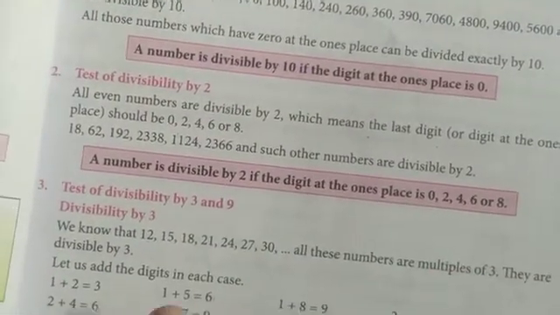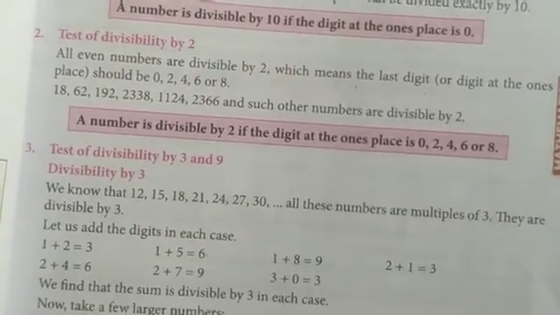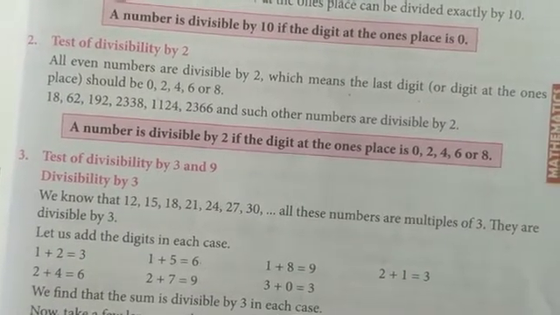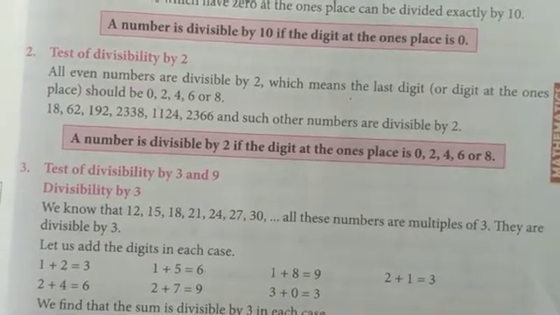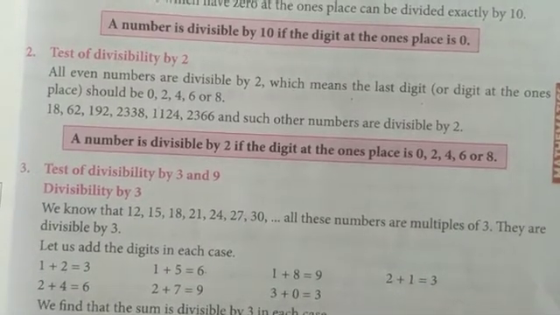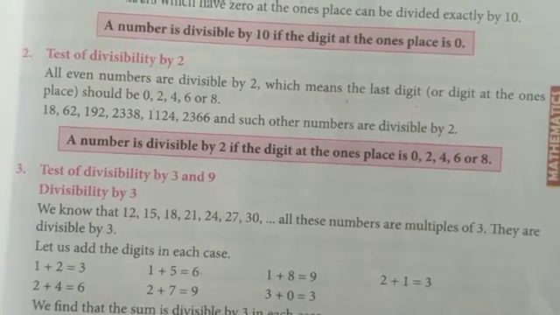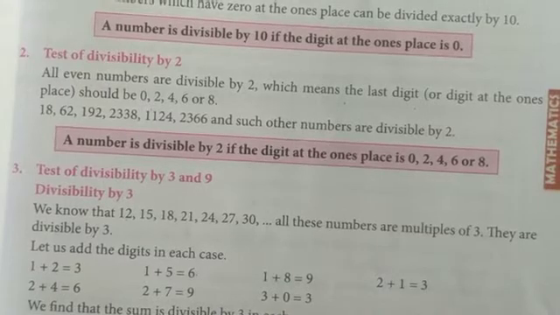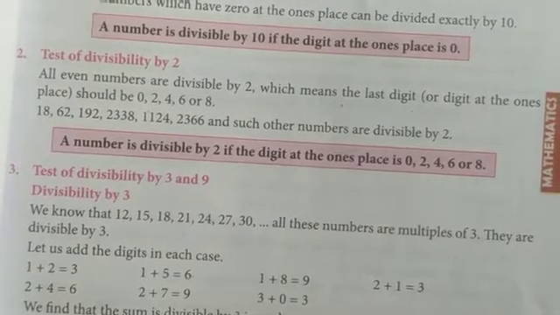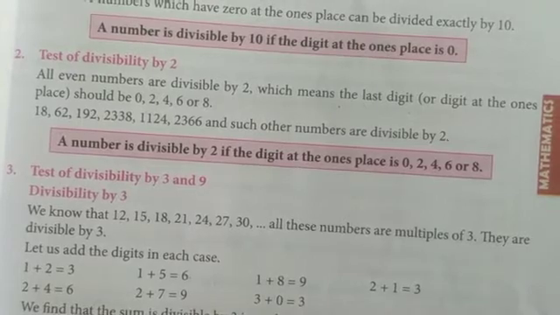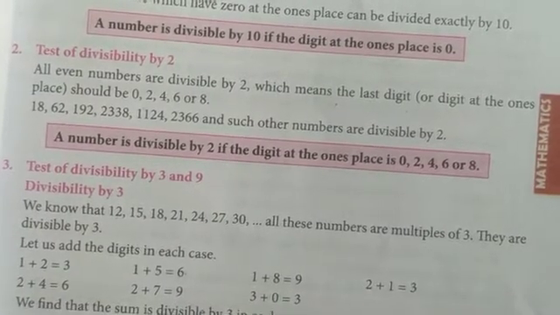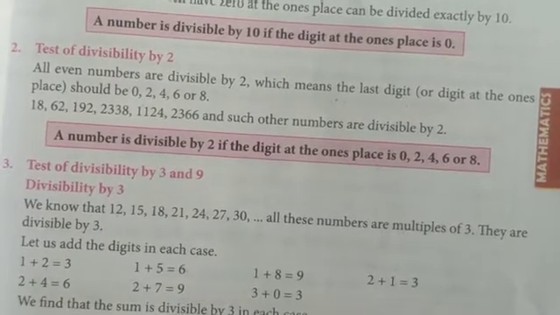Now second test, that is the test of divisibility by 2. All even numbers are divisible by 2, which means the last digit, or the digit at the ones place, should be 0, 2, 4, 6 or 8. See here, all the even numbers are the numbers that are divisible by 2. All the even numbers 0, 2, 4, 6, 8, and the numbers 10, 12, all these numbers are even numbers.